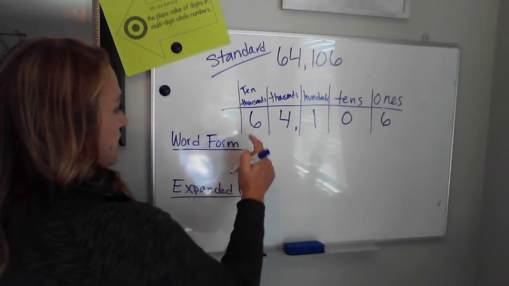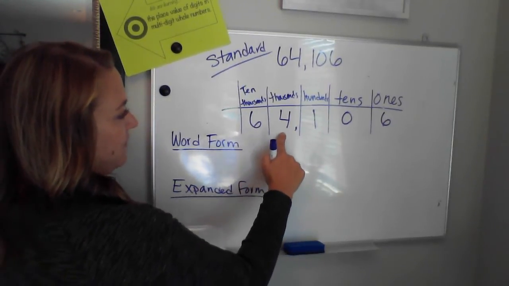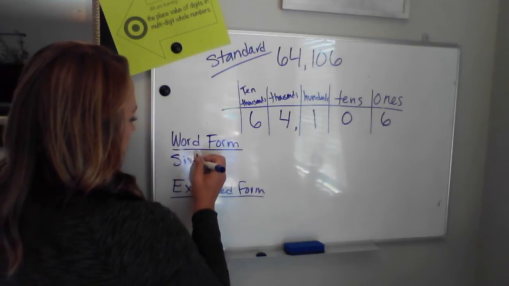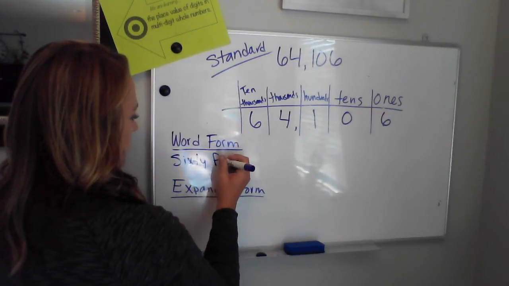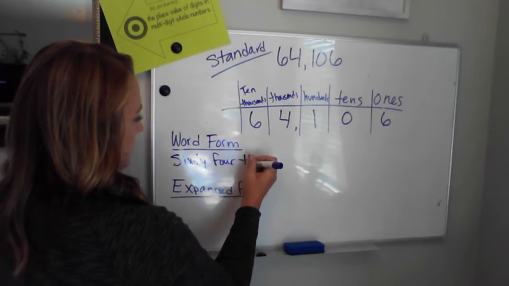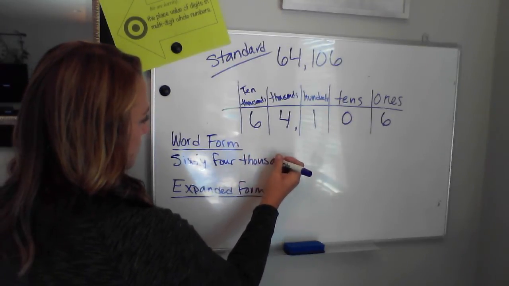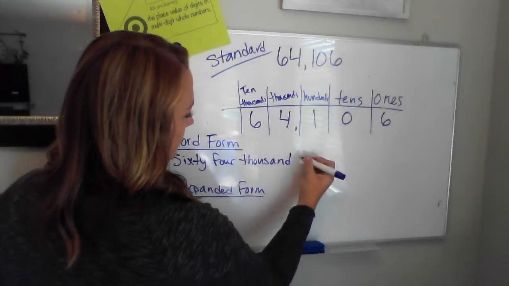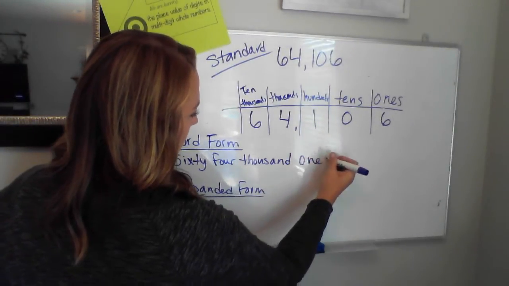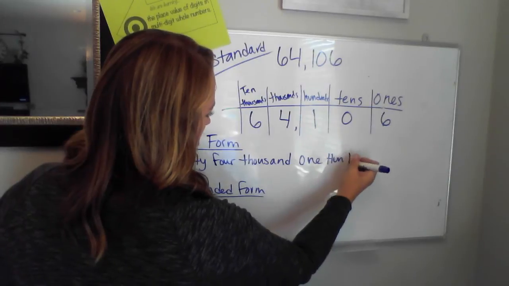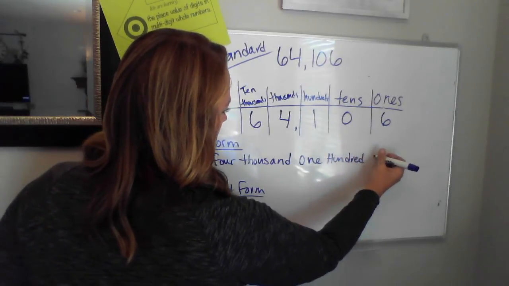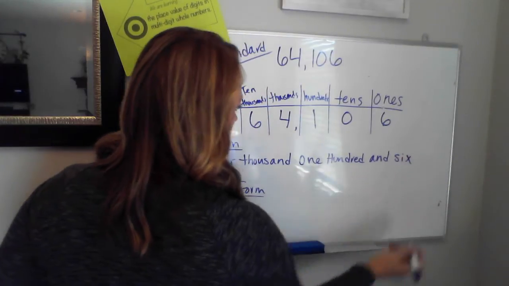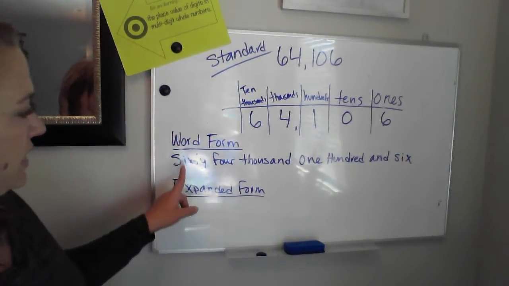So it's going to look like this, just as we read it: 64,000. 106. Okay, there's our word form.